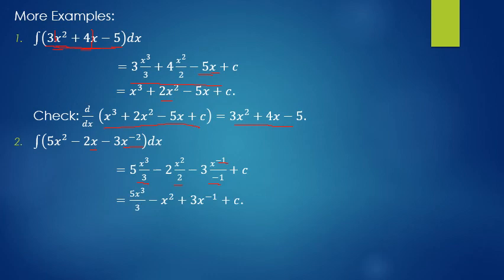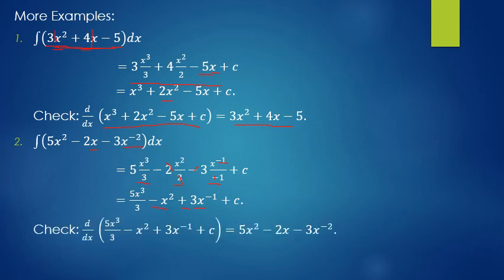So for 5 and 3, they do not have any common factors, so we just put the 5 here at the numerator, and then 2 and 2 of course will cancel, so we are left with minus x squared. And then the negatives here will also cancel, so that will give us a positive. So we get plus 3x to the power negative 1 plus c. And again, if you do the checking, the derivative of this goes back to the original given.